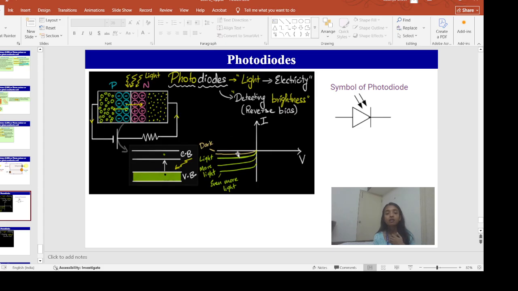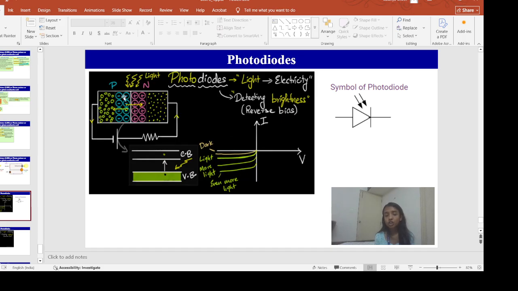Suppose in the first case, when you are shining moderate light, we get this current like this. Now you increase the intensity of light more, so you will get more current. Increase the intensity more, you will get more current.